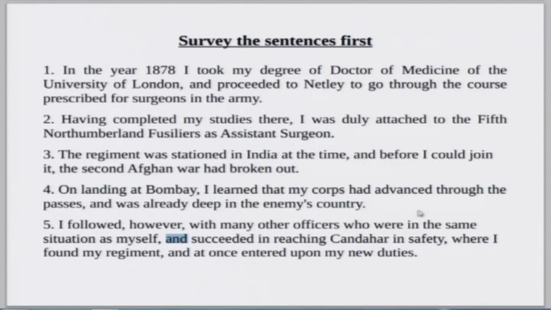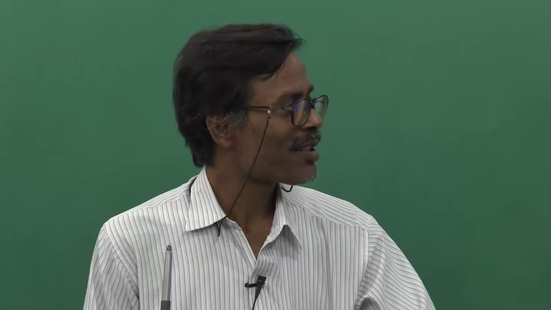Some part of the details involve a subordinate clause, and then the second clause is I succeeded in reaching Kandahar in safety, the third clause is there I found my regiment, and the fourth clause is I at once entered upon my new duties. So, total 5 clauses, 4 coordinating clauses making up the compound, and one subordinate clause which is coming as the qualifier to officers.